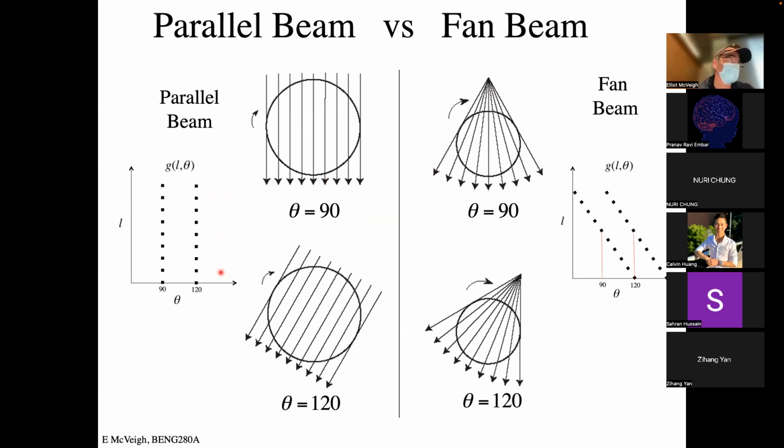However, our scanner doesn't work that way. Our scanner works this way. We have a point source, ideally a point, and X-rays come out in what's called a fan beam, because it's a picture of a fan. So I get a whole set of theta values for each instance of my sampling along the L direction. In this geometry, L is my distance along this detector, which catches the X-rays coming through the patient. And each element in that detector has a unique theta value from all the other elements for that view.